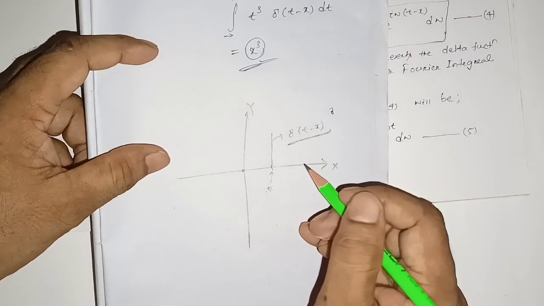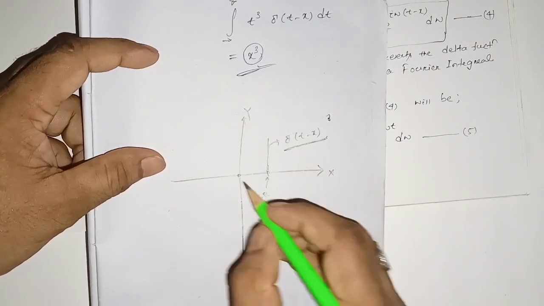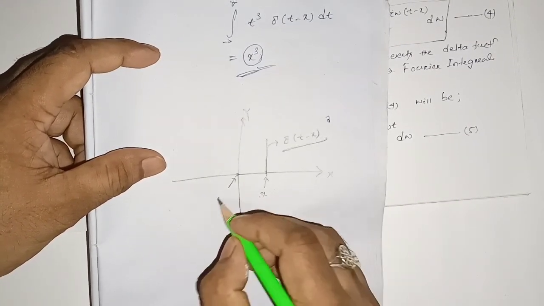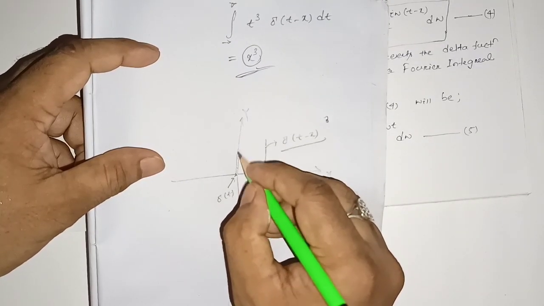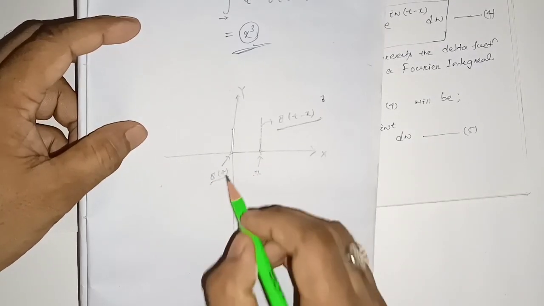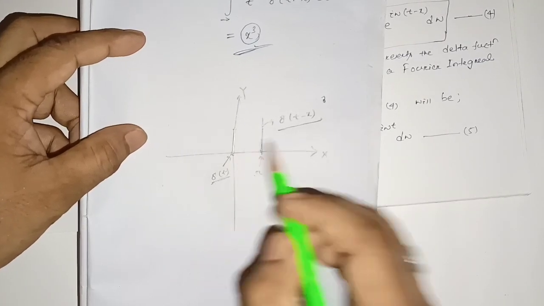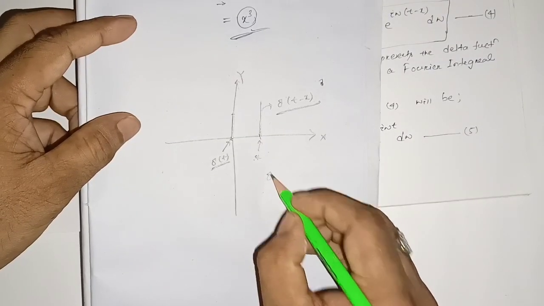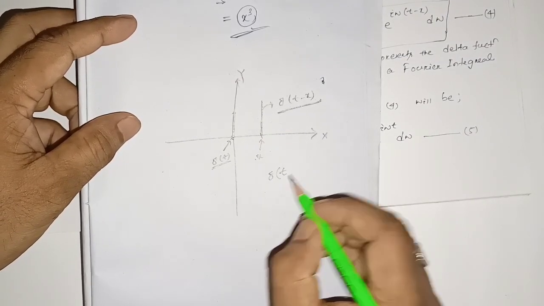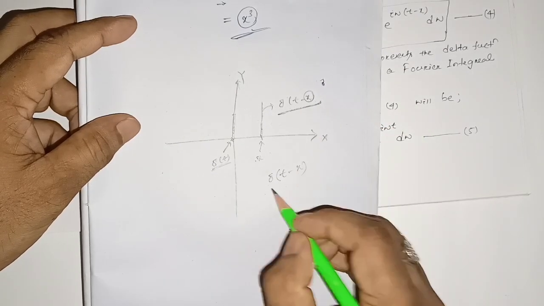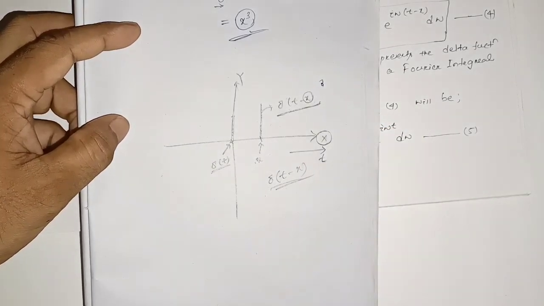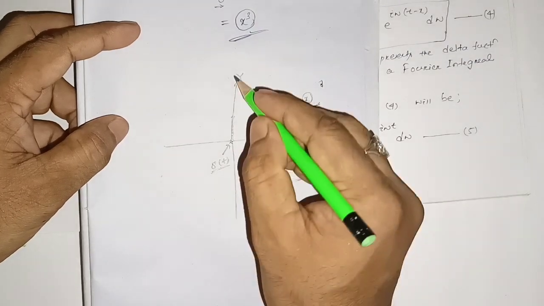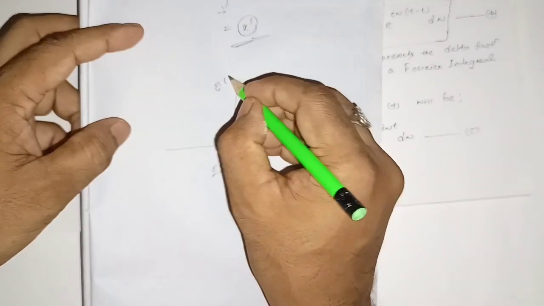So here as delta(t), if we consider x equal to 0, this will be delta(t), which means at x equal to 0 this is the delta function. That means the delta function exists at x equal to 0. Here this delta function is a function of t and x is your variable. So instead of x along the x-axis we can consider the variation of t, and along the y-axis the variation of delta(t).